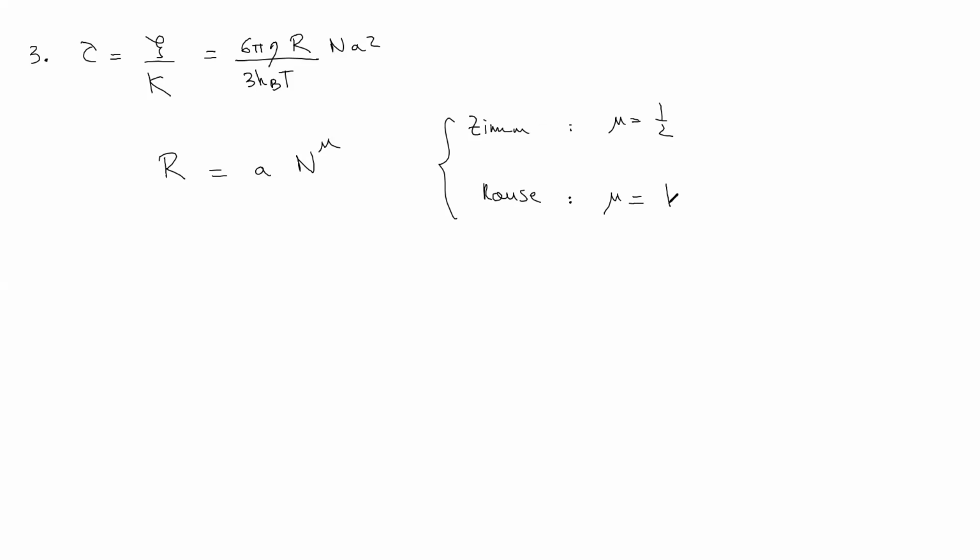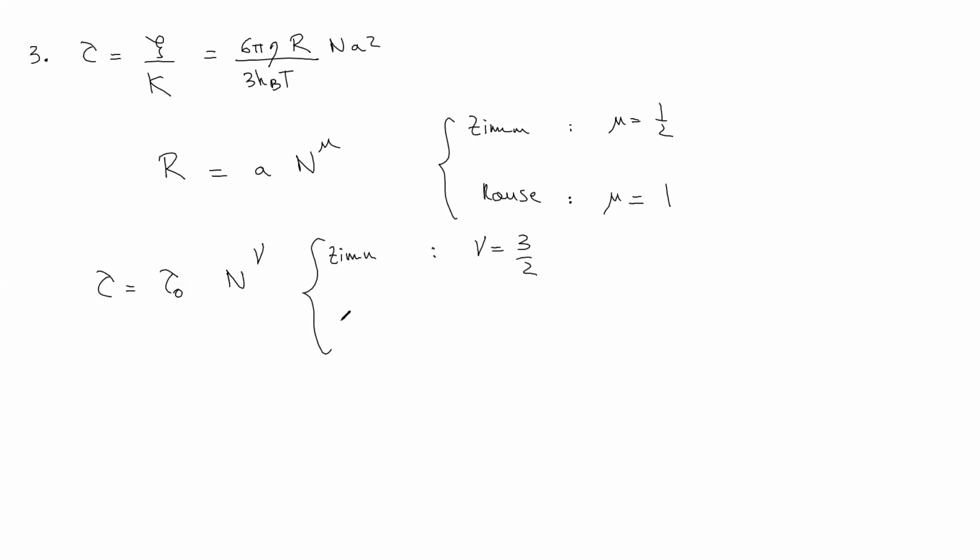as we already discussed. And thus, you can always rewrite the time scale for relaxation of the internal degrees of freedom as a reference time scale, monomeric, if you wish, times N to a certain exponent nu. And nu being, well, in the Zimm case, is 1/2 plus 1, which is 3/2.